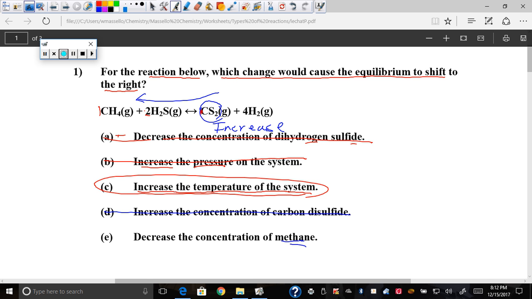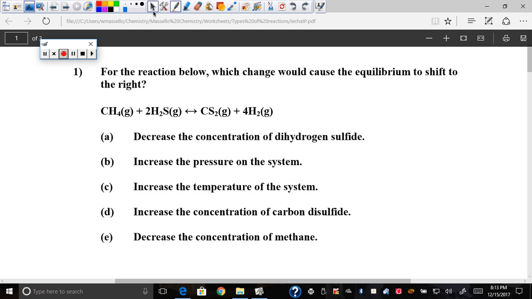If I decrease the concentration of methane, then it's just like pulling a plug in the bathtub. It would flow back out of the plug. Okay, left. So that isn't either. All right? So that's the first one. Okay, let's move down to the second problem.